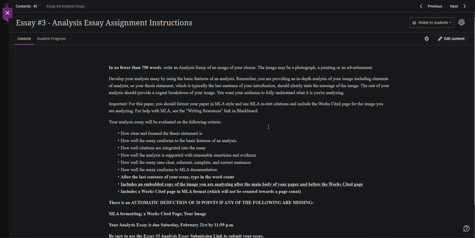Then, after you've got your introduction and your description of the image, you're going to have the body of your work, where you're going to talk about the three ways that the image conveys its message. Those three ways can be any number of the strategies that we talked about last time, and I will go over those again briefly before we go.